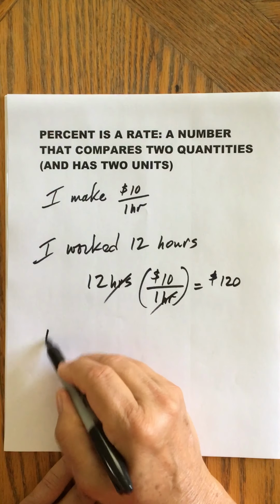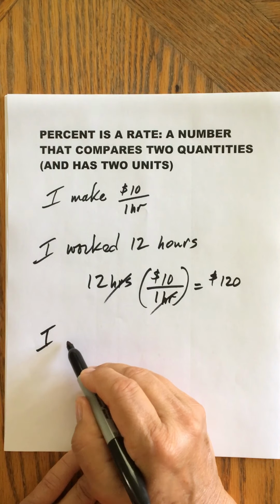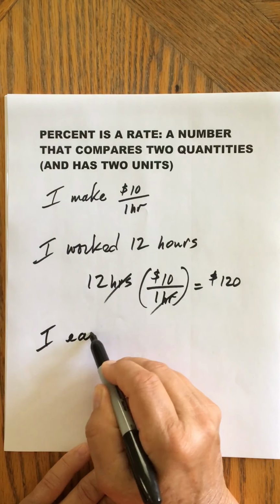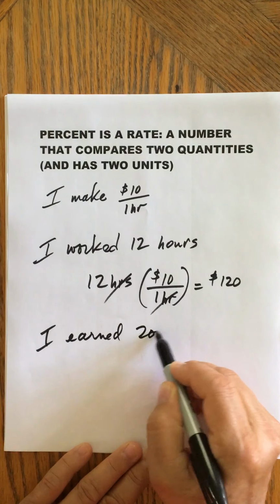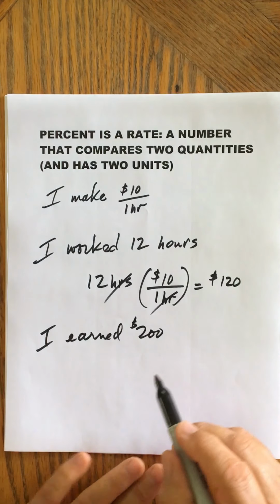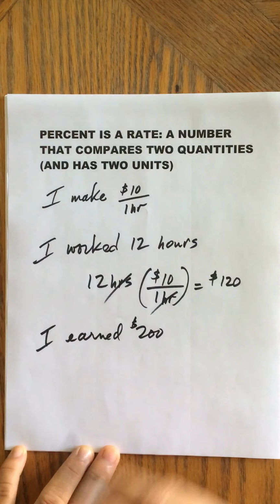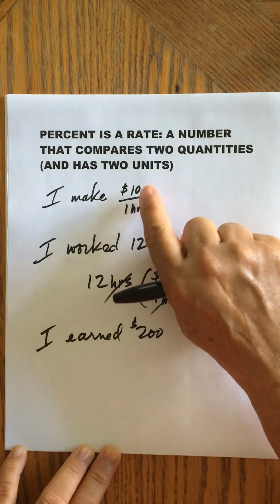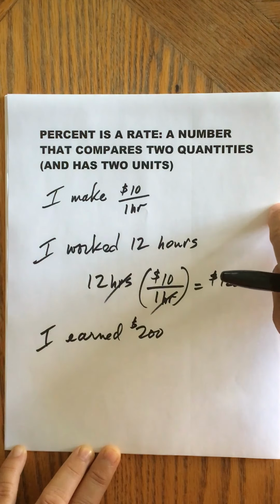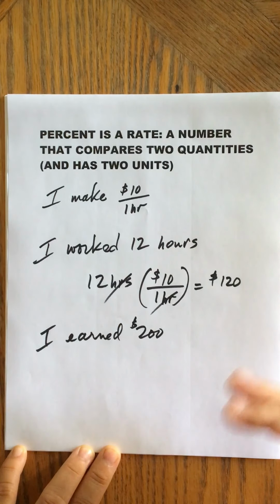Or you could say, I earned $200. And again, now that you have one of the quantities, through the rate, I can tell you the other quantity. But in this case, it doesn't matter whether I have $10 per hour or 1 hour for $10, because I could say, well, for every hour of work, I earn $10.